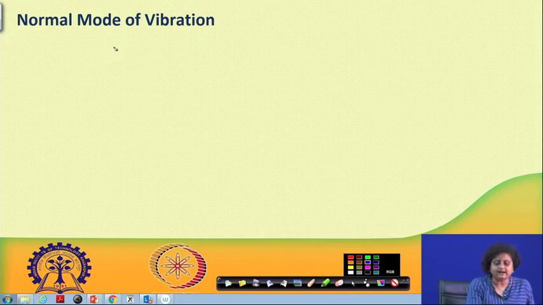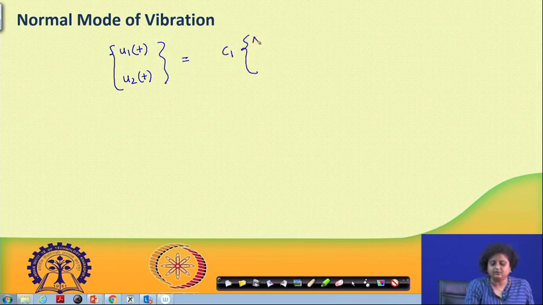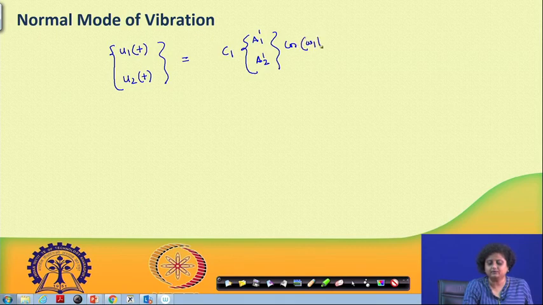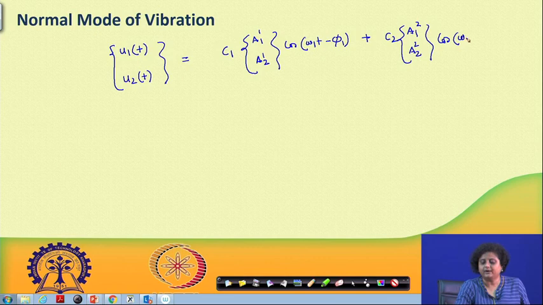So, I said that u1(t) and u2(t) can be written as C1 into A11, A21 into cos(omega 1 t minus phi 1) plus C2 into A12, A22 into cos(omega 2 t minus phi 2).